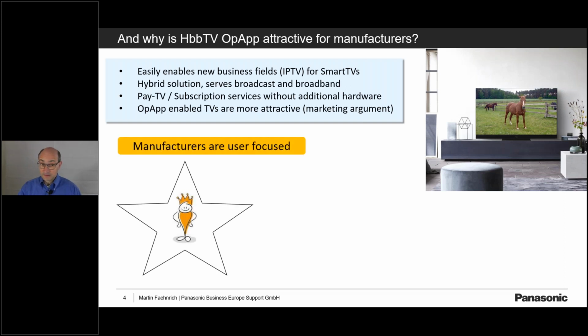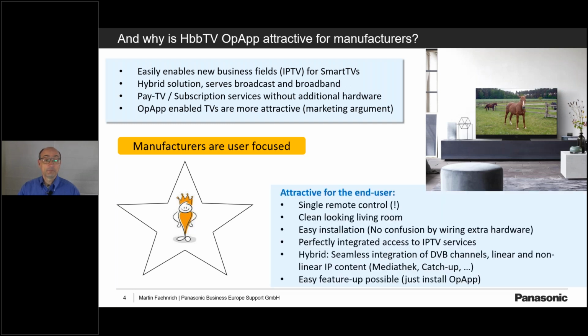And as already said, manufacturers are very user-focused. This means device attractivity is important as a manufacturer. And for a user, clearly the single remote control is one of the killer features, because people would like to have a clean-looking living room.